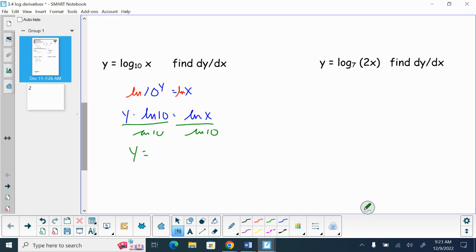If I would clickety-clack into my calculator, ln of 10, I would get a value. So it's just a number, just like having a coefficient. So let's write this as 1 over ln of 10 times ln of x, because 1 over ln of 10 is just a number. I can find that number.